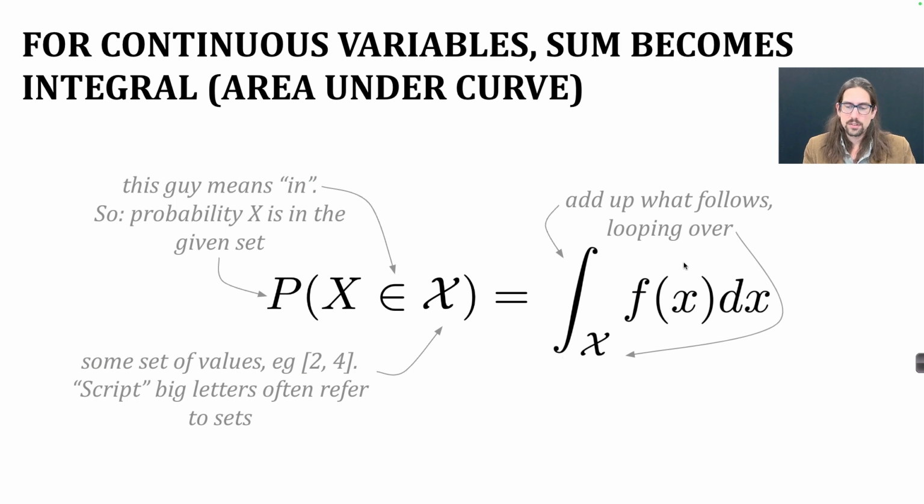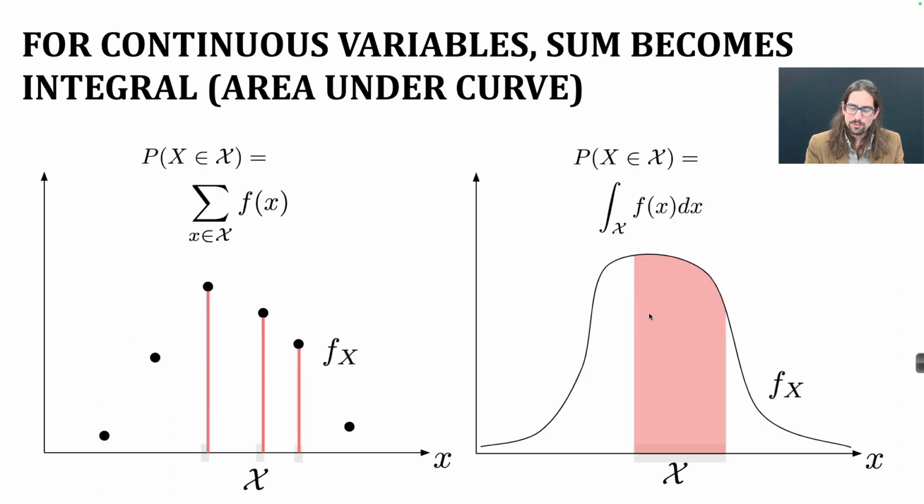The integral is basically just a continuous sum, so I'm summing over x for every possible value between 0 and 5, and I don't mean integers 1, 2, 3, but I mean 0, 0.00001, 0.0002, all of the possible values. I'm adding up the value of the density times some tiny increment, which is the distance between two values.